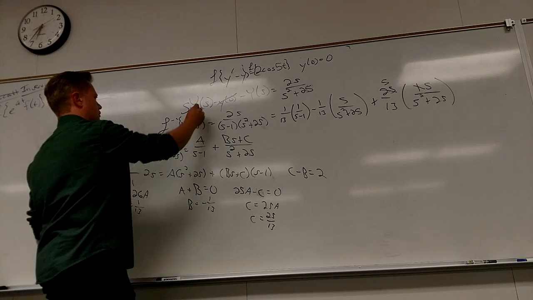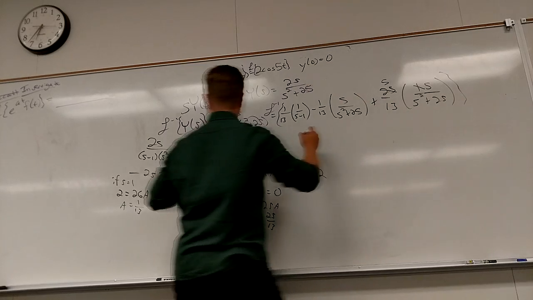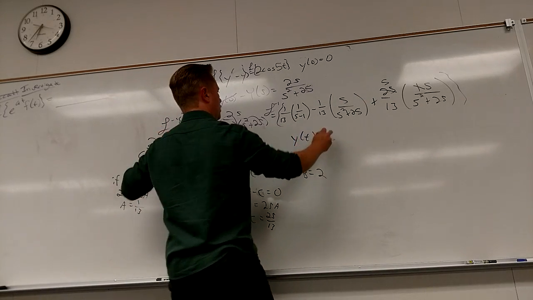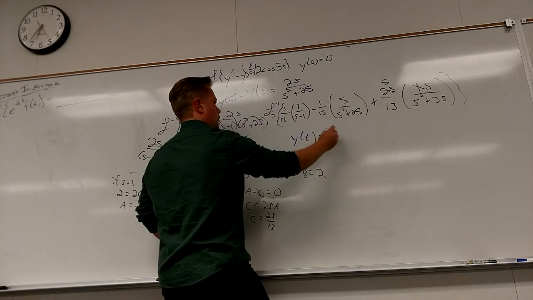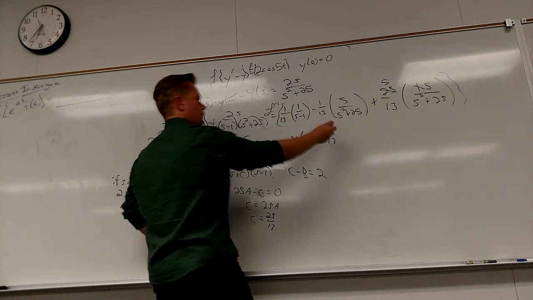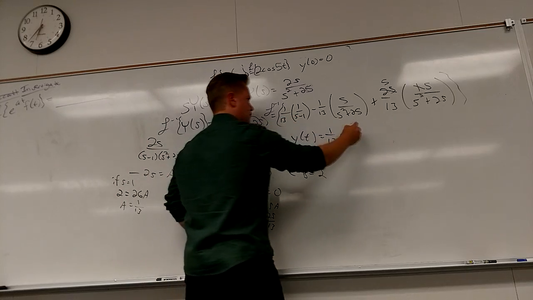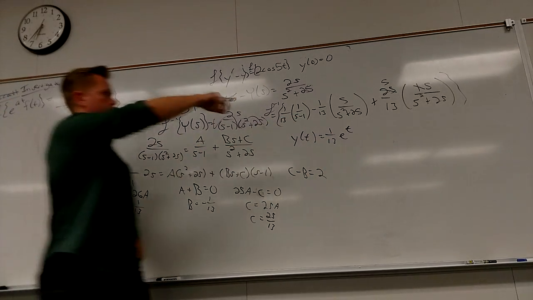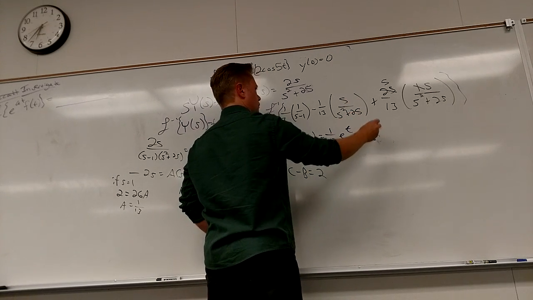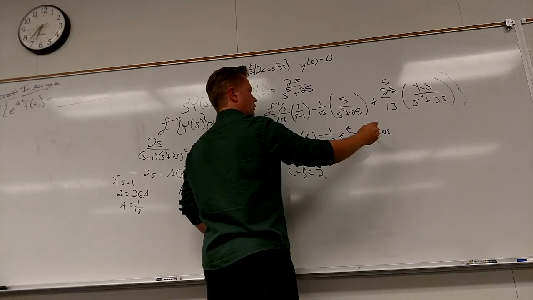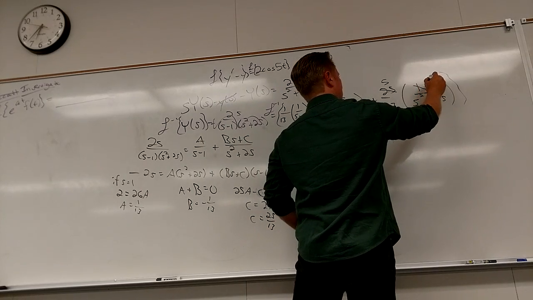Inverse Laplace, both sides. So I get y of t equals, what do I get here? 1/13 e to the t, e to the 1t. Minus 1/13, who is this? Cosine of 5t. That's an S, remember? That's an S, and that's a 5.